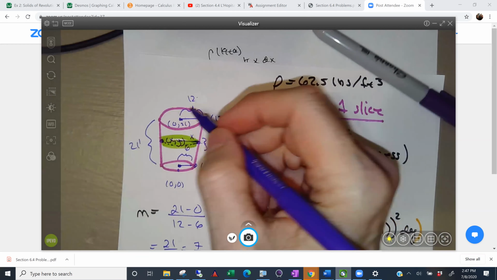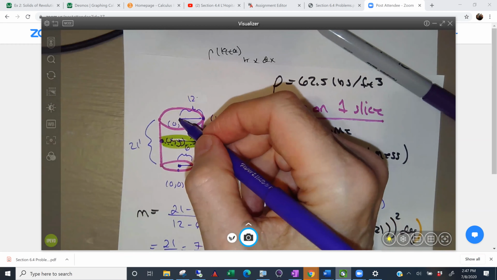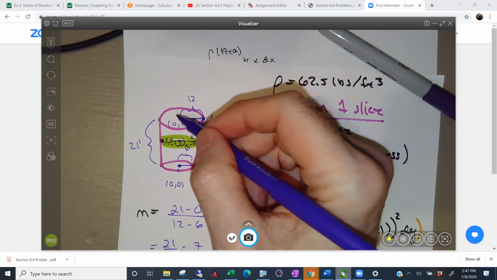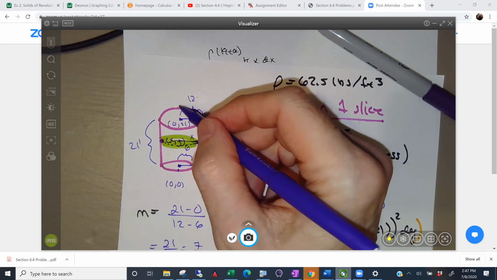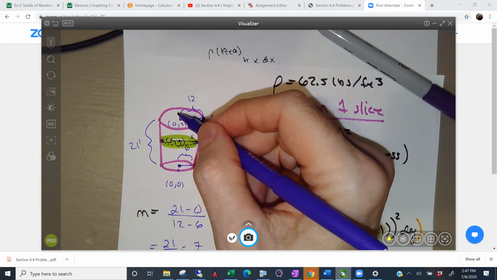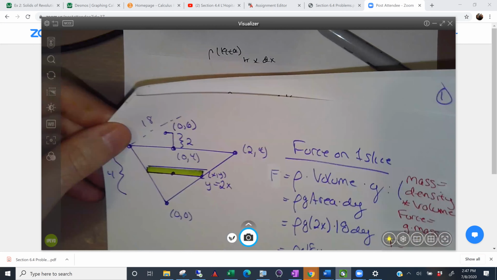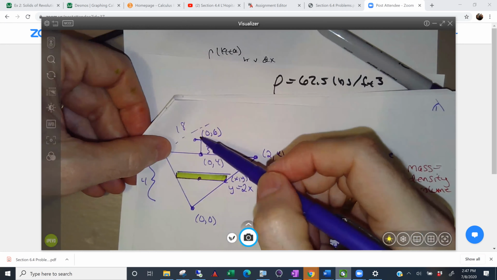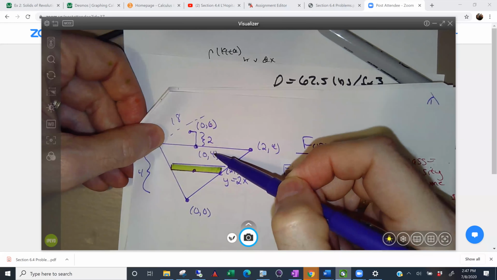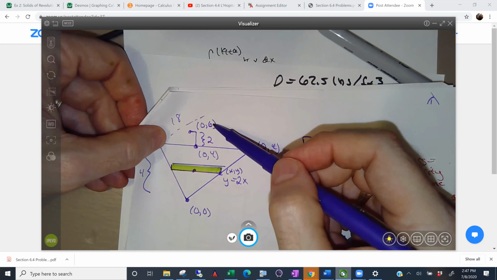One thing to keep in mind, sometimes you're going to have a figure where the spout is higher than the top edge. So like in the bonus one that I'll put in the notes, the spout is higher. It's 2 feet above the top edge. So the top edge is at y equals 4. The spout is at 6.